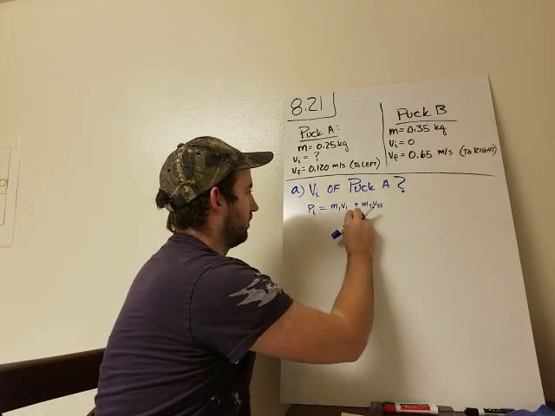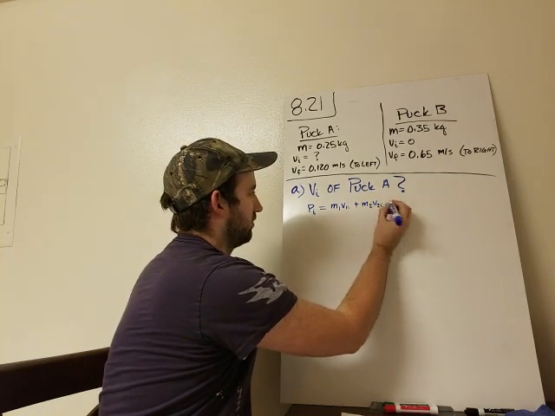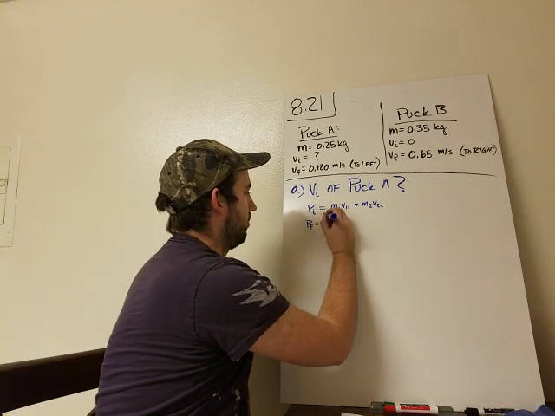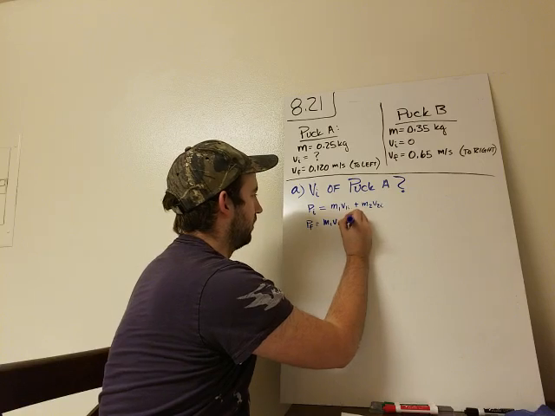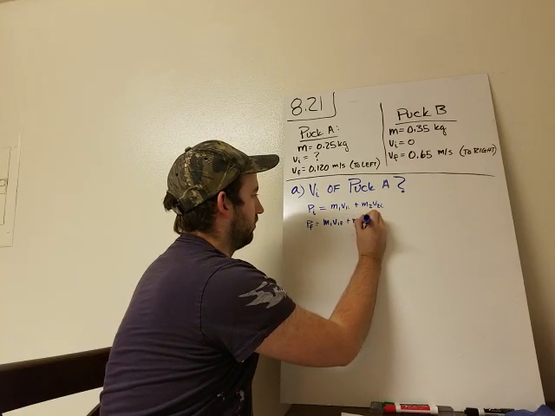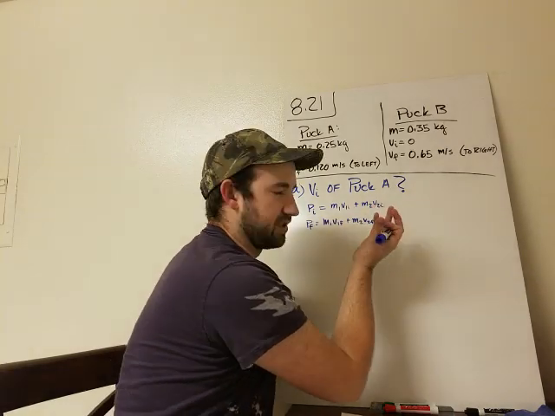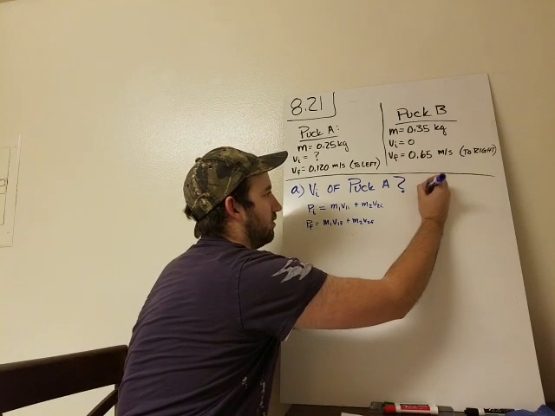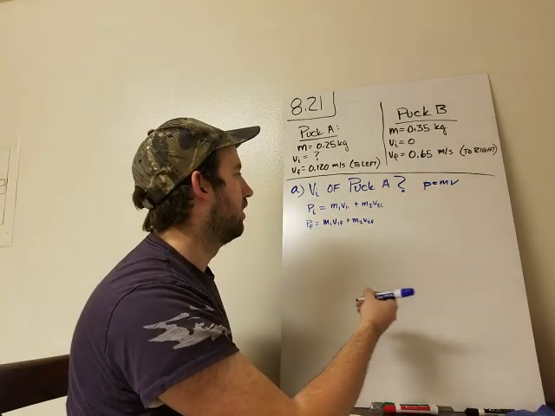Actually, we'll do the initial first and keep the initials together, and then the final momentum is going to be M1 V1F plus M2 V2F. So this just expands what we already know about momentum, because we know that momentum equals mass times velocity.